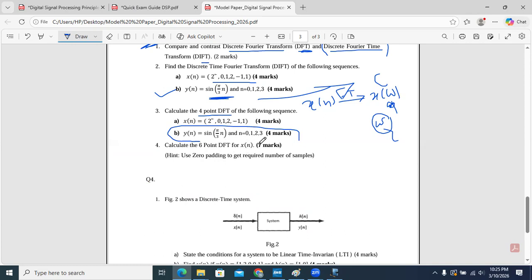For example, here we have only 1, 2, 3, 4 samples. Zero padding means at the end of the sequence, you can add some zeros, then you can calculate. So adding the zeros is not much difficult.